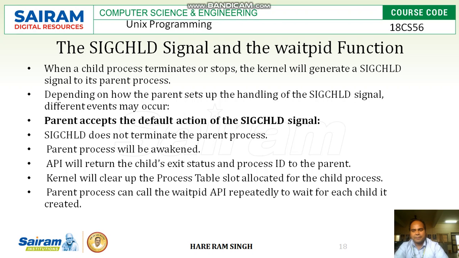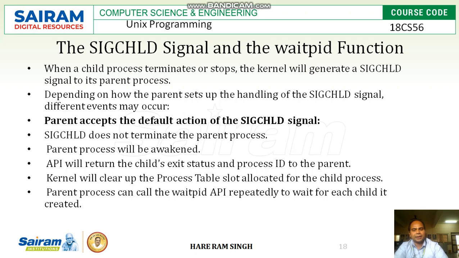This is all. Now, depending on how the parent sets up the handling of the SIGCHLD signal, different events may occur. So, when the SIGCHLD signal is received by the parent process, three things can happen.